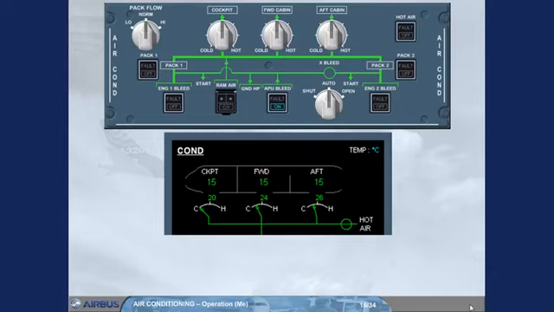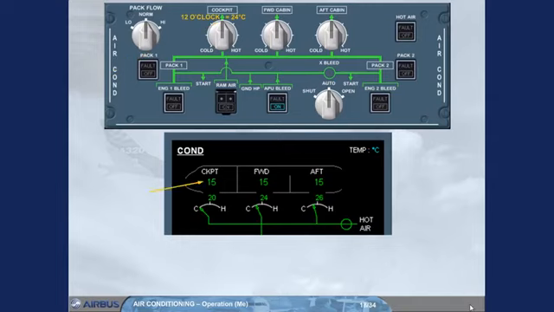Temperature regulation is achieved the same way for all zones. We will demonstrate the concept using the cockpit zone as an example. The cockpit zone temperature selector is in the 12 o'clock position. In this position, a zone temperature of approximately 24 degrees Celsius is asked.